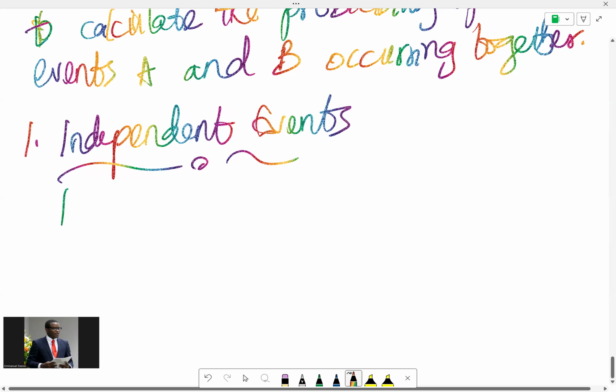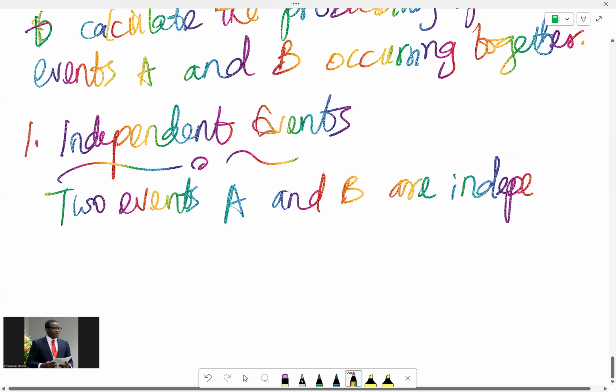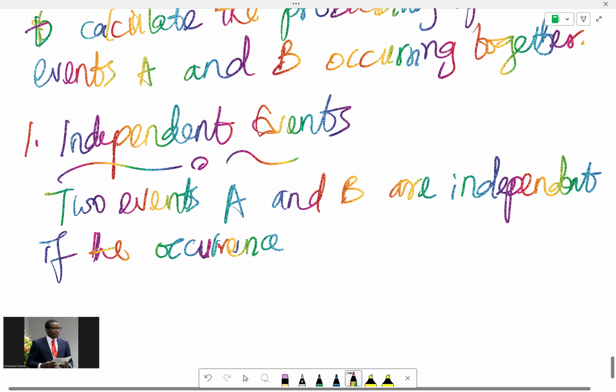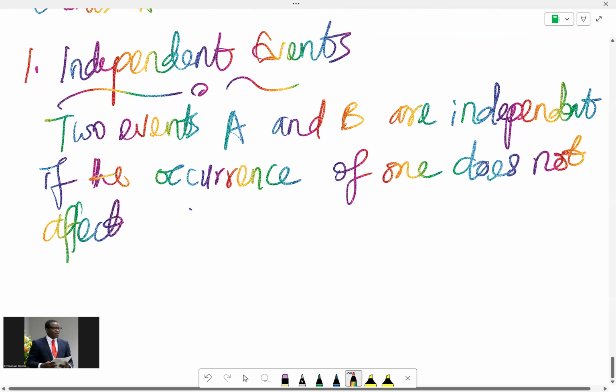So for independent events, we say that two events A and B are independent if the occurrence of one does not affect the other.